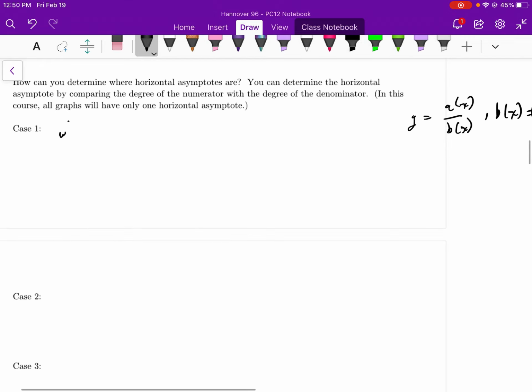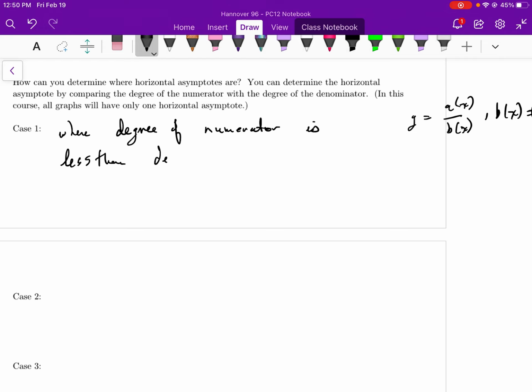So case one, where the degree of the numerator is less than the degree of the denominator.